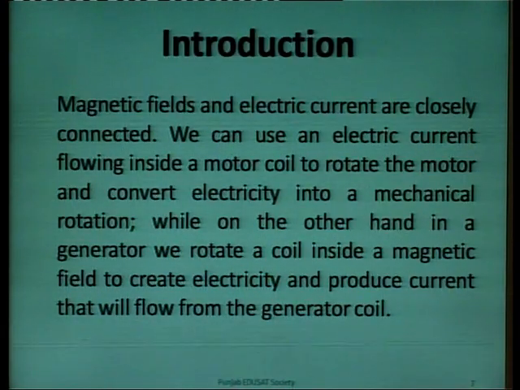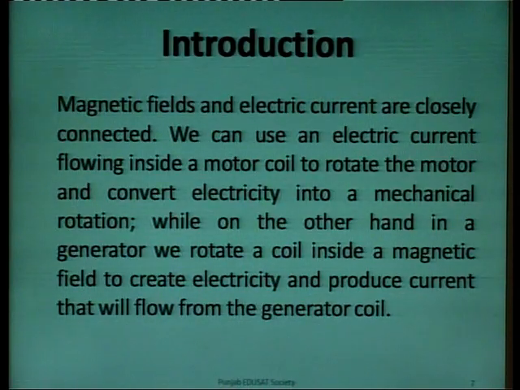But on the other hand, in the generator, we rotate a coil inside a magnetic field to create electricity and produce current that will flow from the generator coil. So, as we can see, the magnets, electric currents and the magnetic fields have a very close relation to each other.